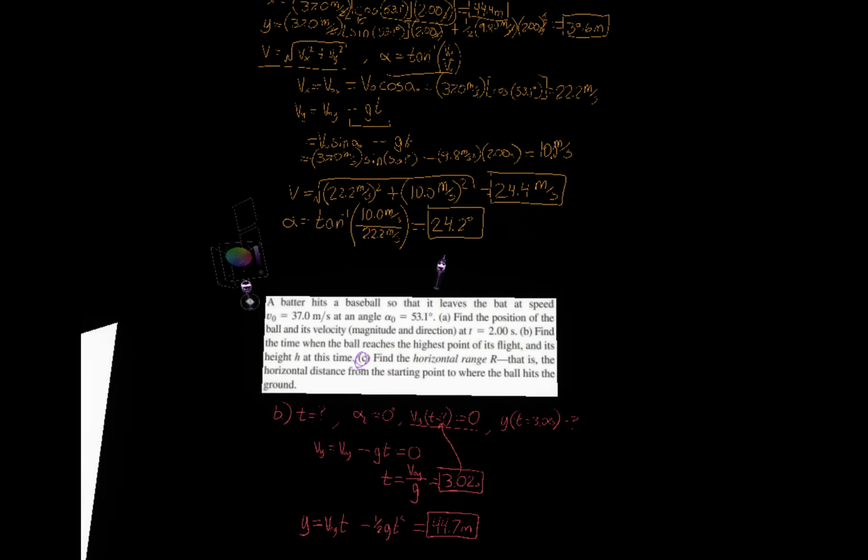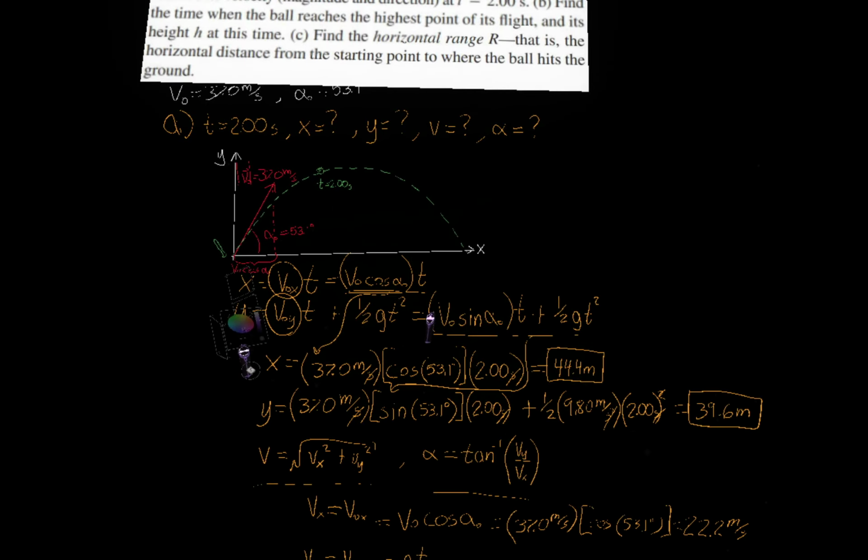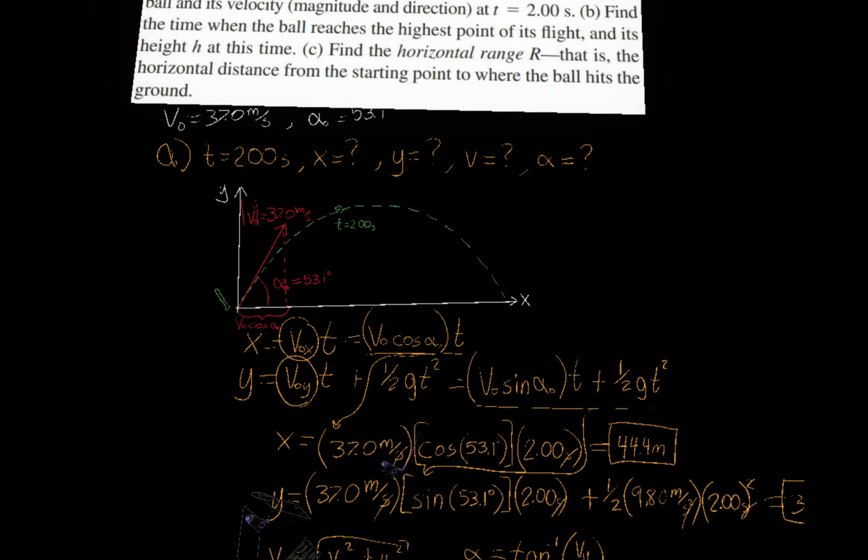So C is going to be purple. And if we go all the way back to our picture, hey, we weren't that far off, because 3 seconds we found is right at the top here. This is t equals 3.02 seconds. And this was 2 seconds, so maybe it's a little farther back, but we weren't too far off in our guess. Horizontal range, it tells us, is this distance.